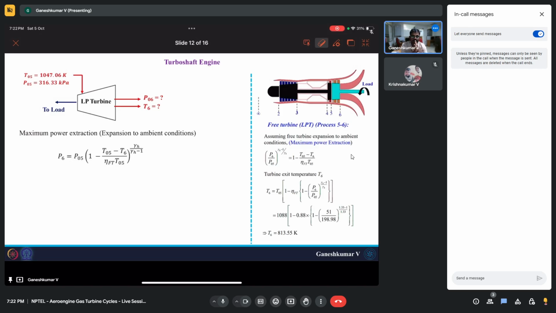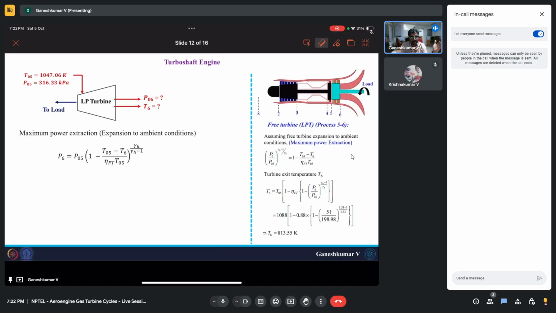If you try to have P6 lower than P ambient, it cannot really expand. If the gases have to flow, they have to flow through some process, so the pressure gradient makes sure the gases move properly from one component to another.